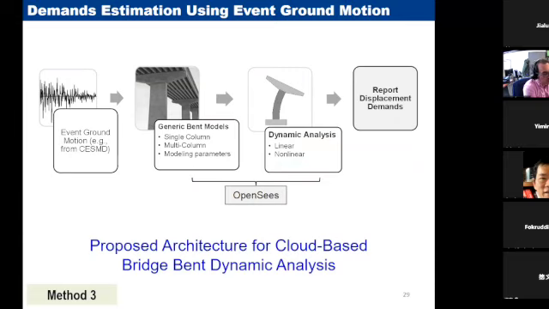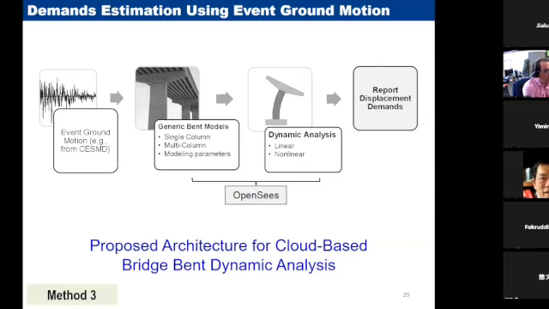You may use OpenSees or any other seismic analysis software and have some pre-built, predefined column models, single column, multi-column. You put all the AASHTO modeling methods there, and then right after the earthquake, you know which column it is. You have the length, geometry, and the other properties of the column or bent.